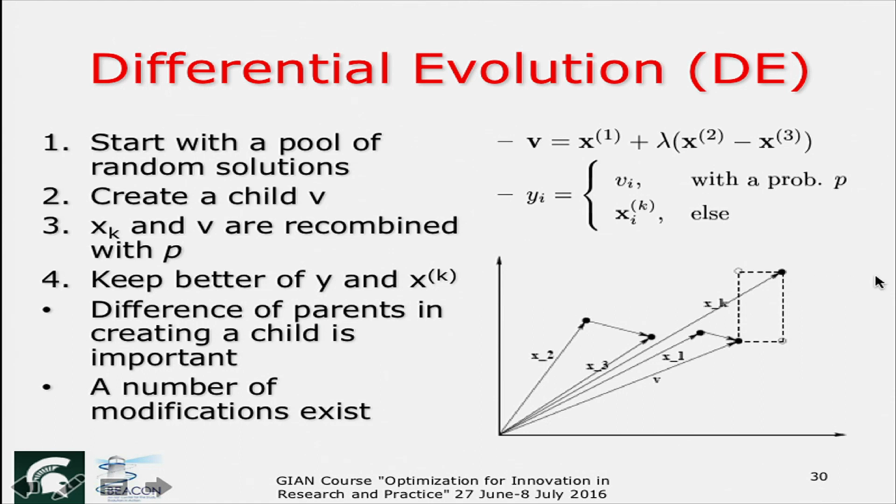Let's say it has 10 variables. You just compute it as 10 variables. Now you go variable by variable and take one from v with the probability P. And if this probability doesn't turn out true, then you take from the best parent. This is another parameter. So you have to supply P and lambda to have this operator working. Is that right?